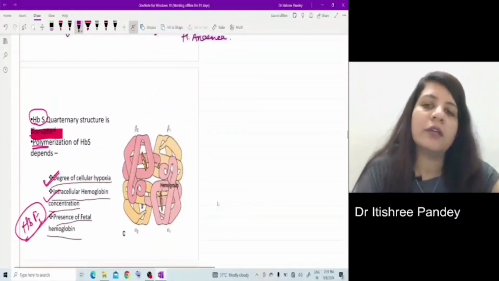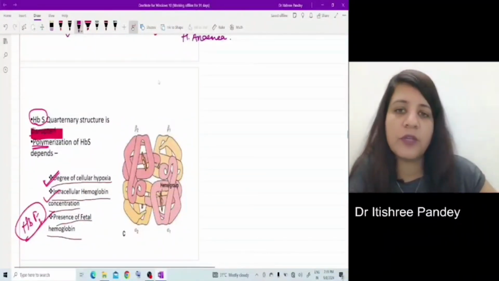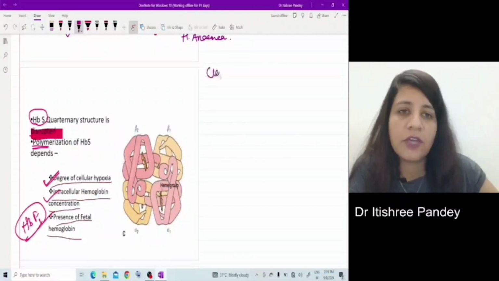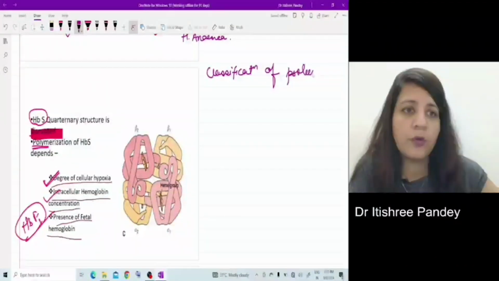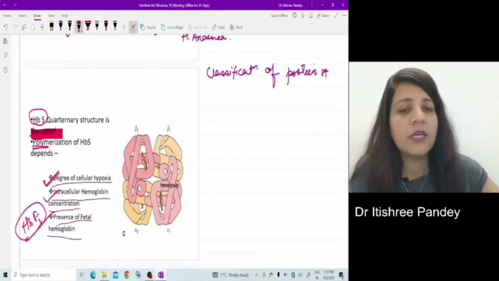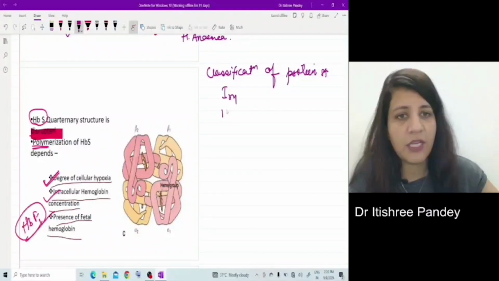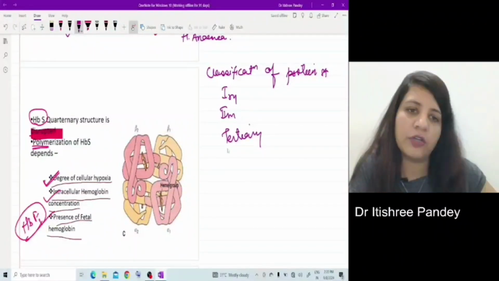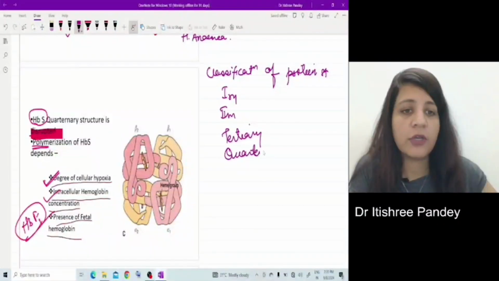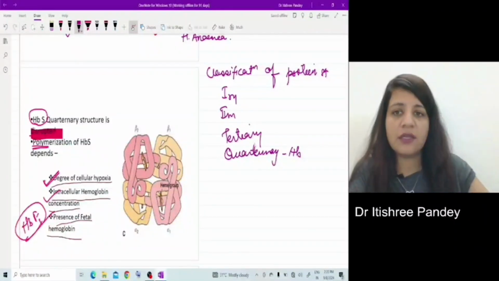Now we all know the classification of protein structure. It is into primary, secondary, tertiary and quaternary, and the example of quaternary structure is our hemoglobin. So what happens in sickle cell disease?